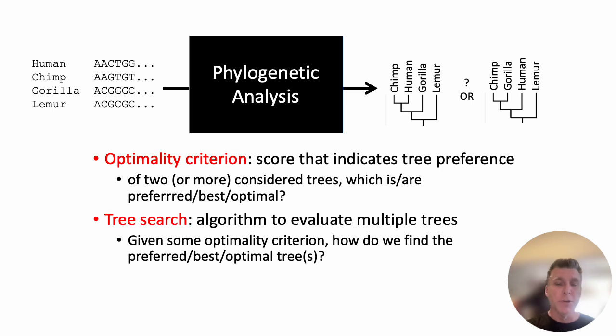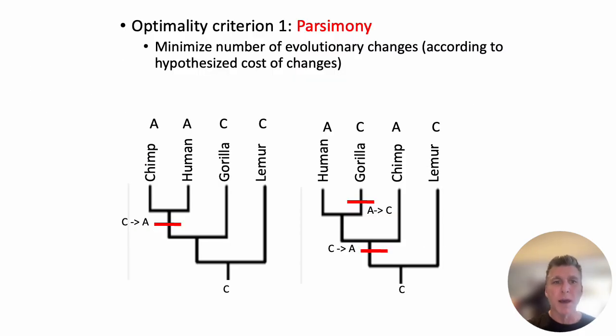And that's not to say we can't enumerate the exact number of solutions. We can. We just can't find which of those is the best. That's a really difficult combinatorial problem. But that's stuff I'll get to in just a minute after I tell you a bit more about optimality criteria.